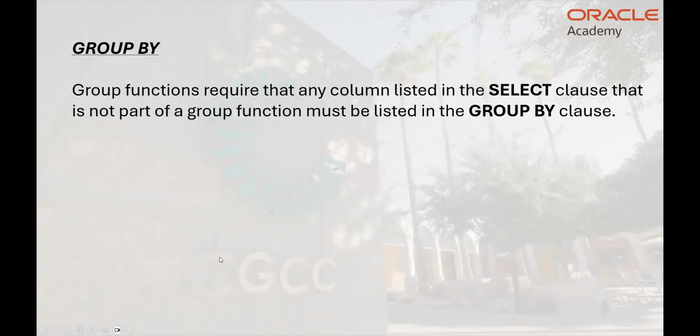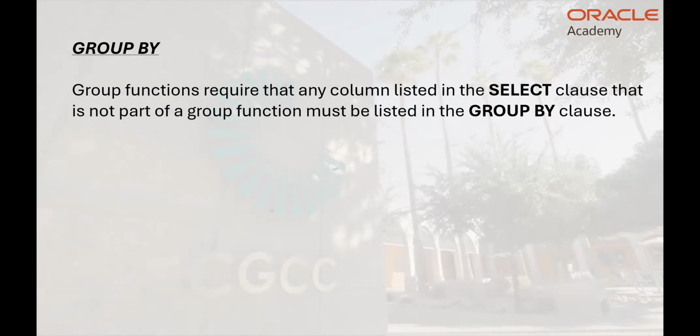All right, group functions require that any column listed in the select, here's one factor, and I'll go over the guidelines in a bit. When you're using group functions, any column listed in the select clause that is not a part of a group function must be listed in a group by if you use that group by clause.